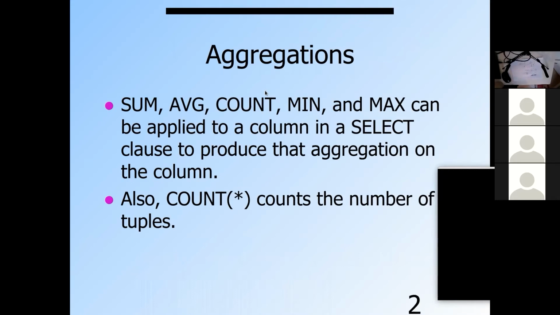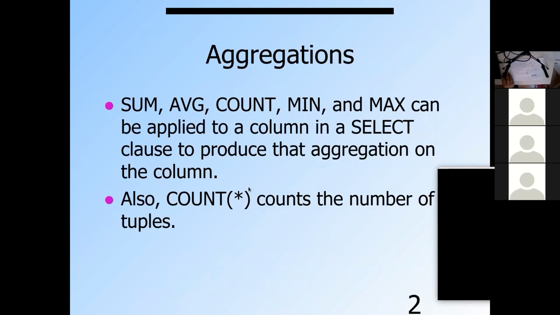So we have aggregate functions, which take a bag of scalars, a single column of values, and compute things like sum, average, count, min, max on that. Then it can also take in a star, and the star stands for a set of tuples, and it can count those.